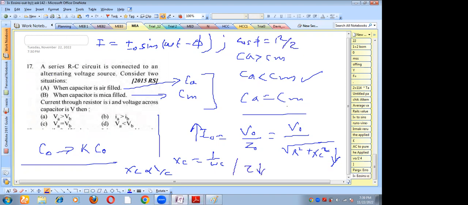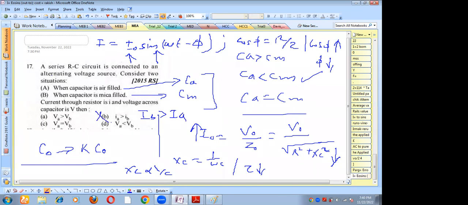So cos phi will increase. It means phi will decrease. Phi decreases means cos phi increases and current also increases. So current will increase, so IB will be greater than IA. So B is not the correct answer.